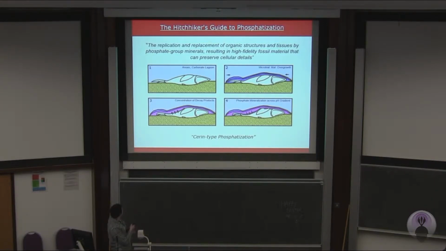In this microenvironment, decay continues as normal, and because it is sealed, it allows concentration of essential decay products. Then, upon reaching a critical pH threshold, phosphate mineralization usurps the normal precipitation of calcium carbonate within these lagoons and allows the phosphate in this environment to rapidly mineralize the creature in question.